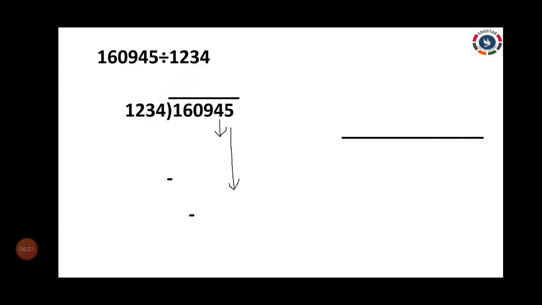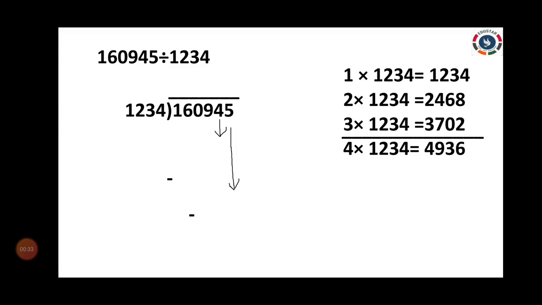Write the multiplication table of 1,234 on the side. Now you see here, in the divisor how many digits do we have? 4 digits. The same 4 digits you have to take in the dividend also: 1,609.